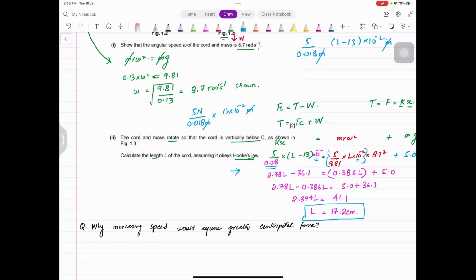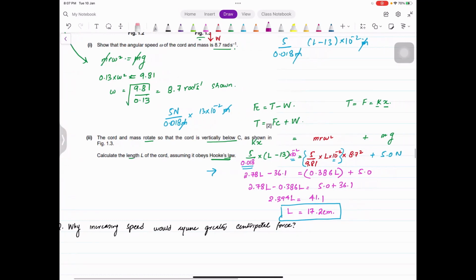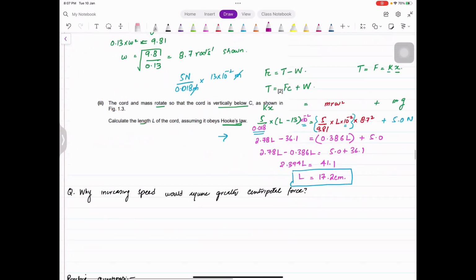If you write the equation, I get your point why you're so confused. Let me do it for the meter one. Can we write it like this? 5 divided by 0.018 multiplied by length. Let's assume length is in meters right now. If length is in meters, then we should subtract 0.13 from it in meters.